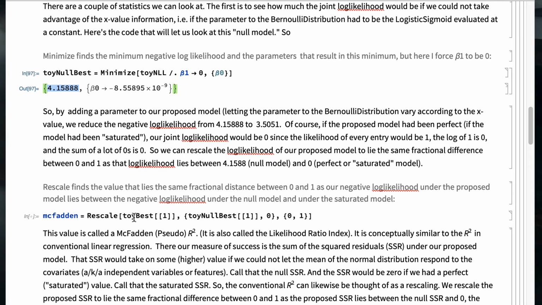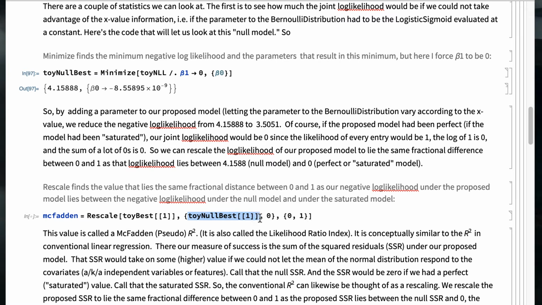And in fact, we can say how far we have gone. So we could take this first value of toy best, which, just in case you haven't forgotten, is that 3.505 number, and we're going to rescale it. Instead of going from toy null best, that 4.15 number, to 0, let's have it go from 0 to 1.